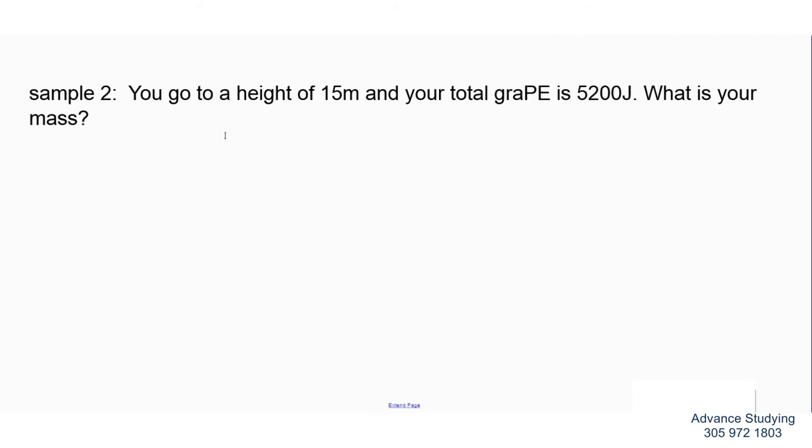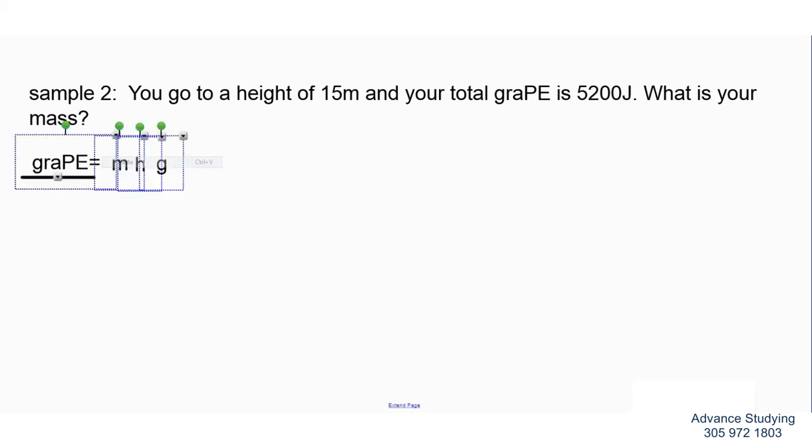Example 2 says, you go to a height of 15 meters and your total gravitational potential energy is 5200 joules. What is your mass? I am looking for mass. So I will paste here my equation. Now, I am solving for mass, so I will leave mass alone and move the other two variables, the height and the gravity, which I have.